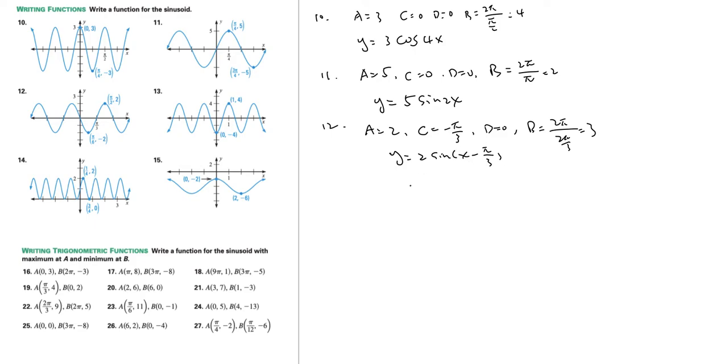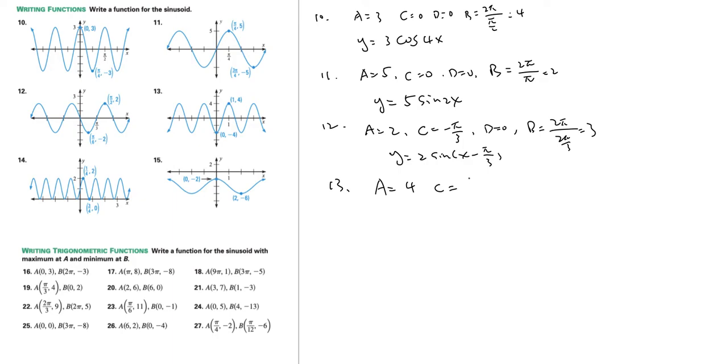Now for this case, that's fine. Okay, question 13. A is equal to 4, because we're going up to 4 and going down to negative 4. For C, I think we've probably done it, but it's fine.